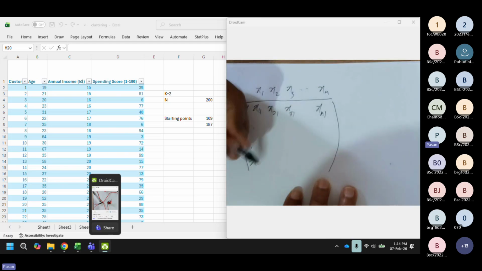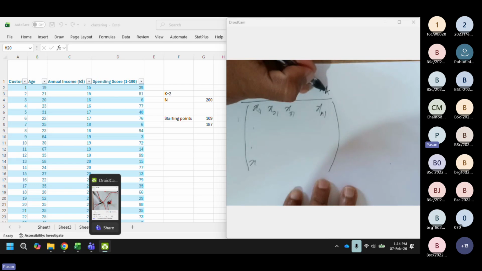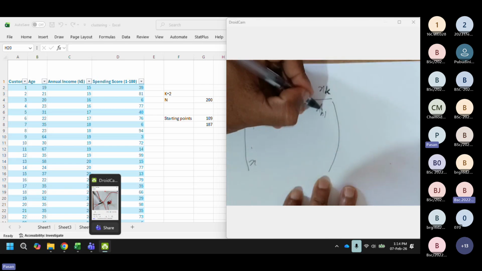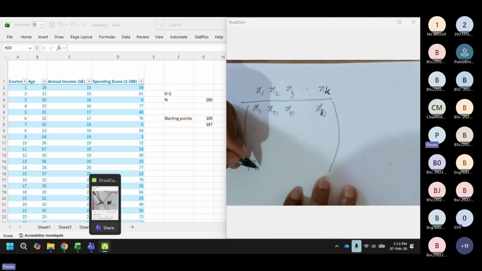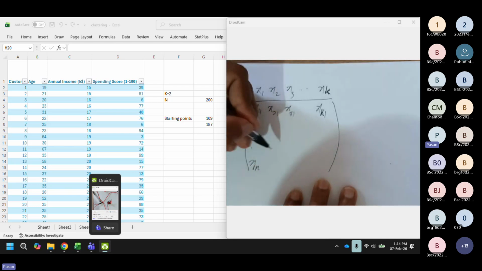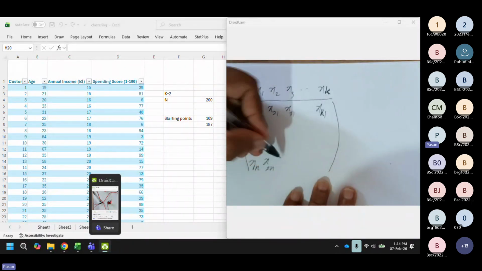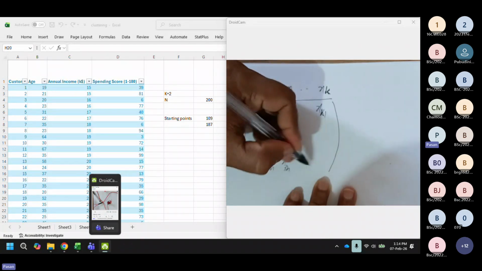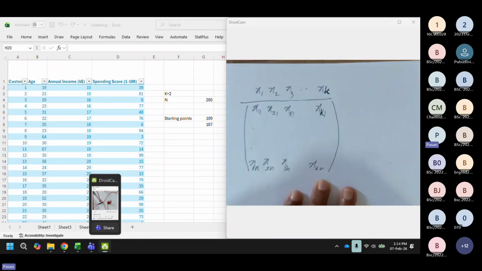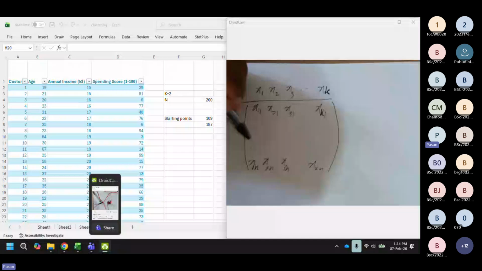I put k here, so we have k number of variables, and I have n number of observations there, so n by k.